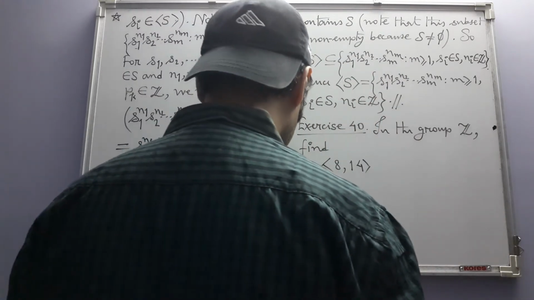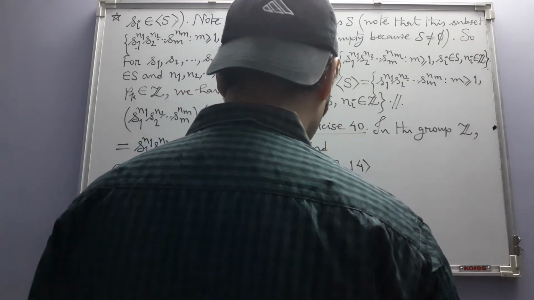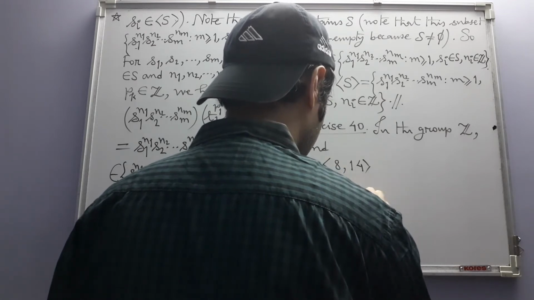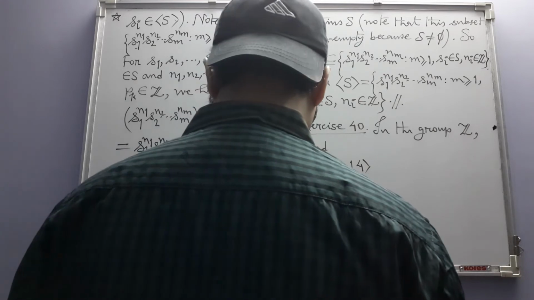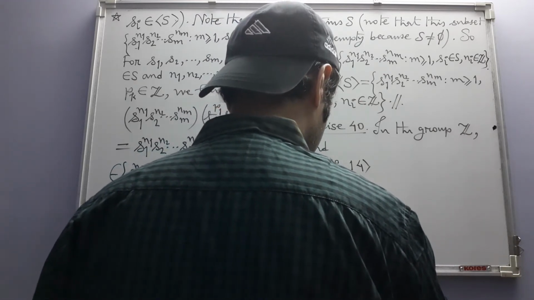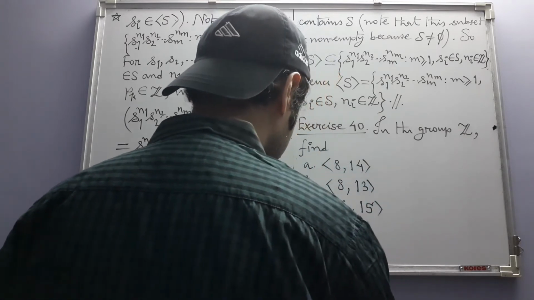So what will this be? Then B, the subgroup generated by 8 and 13. C, the subgroup generated by 6 and 15.